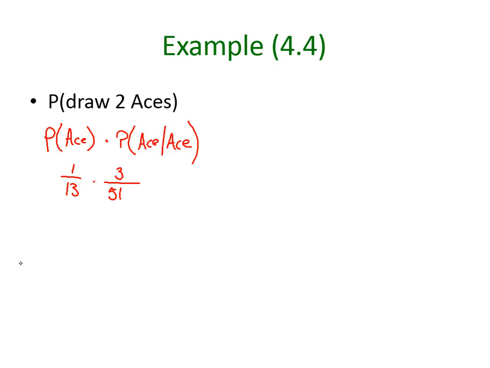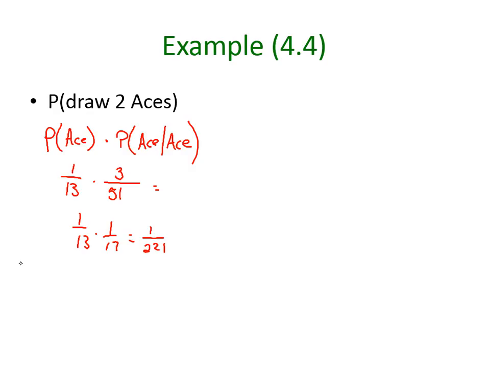So what is 13 times 51? Actually, it reduces, doesn't it? What's 51 divided by 3? Okay. And what's 13 times 17? So your probability is 1 out of 221.